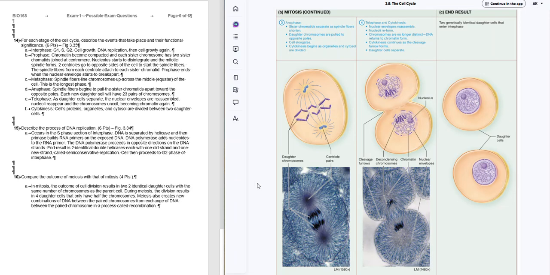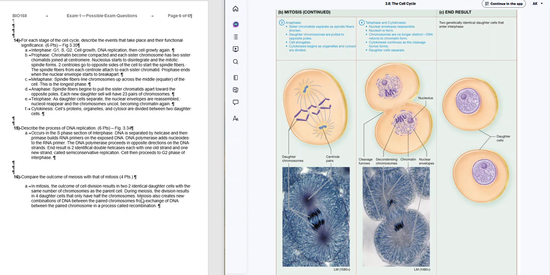And then the last, compare meiosis and mitosis and their outcomes. The purpose of mitosis is growth and repair. So the result of mitosis is 2 cells genetically identical to the parent, and they're also diploid.